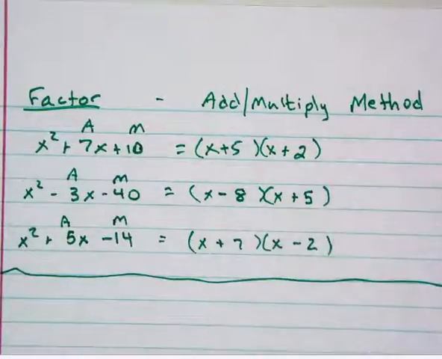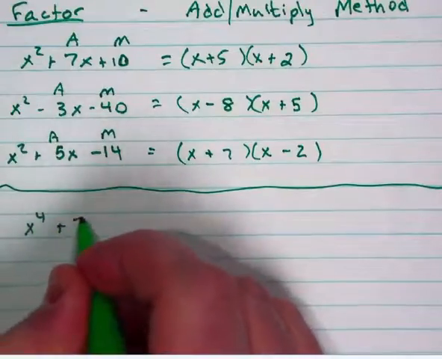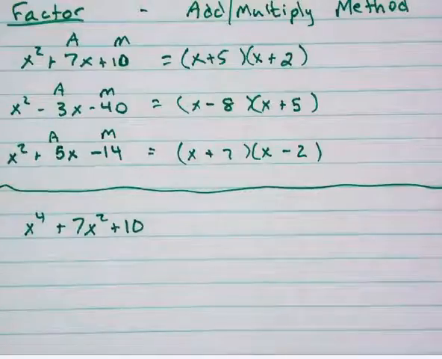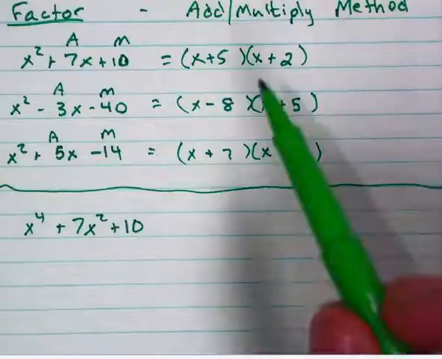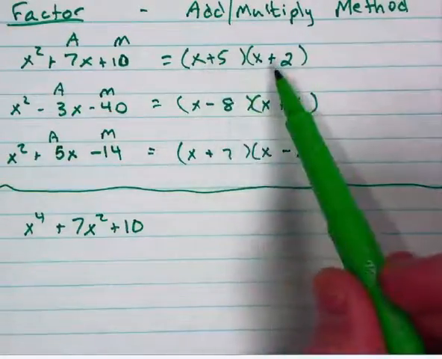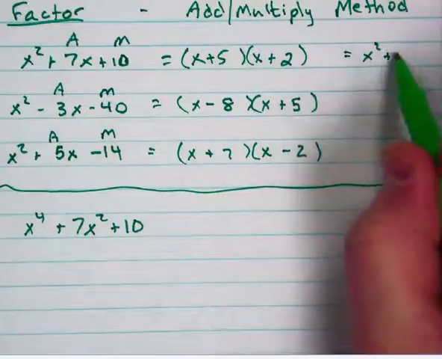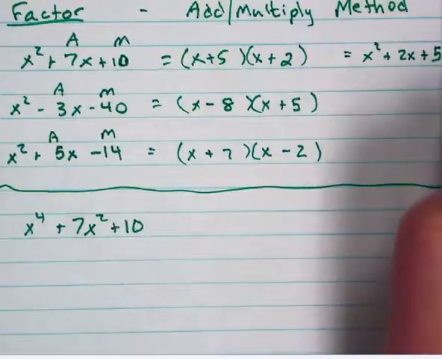What if I was to give you x to the 4th plus 7x squared plus 10? Can we use the ideas from the top to help us do this? Okay, I want you to think about if we were to double distribute these, you know that this would end up being x squared plus 2x plus 5x plus 10.